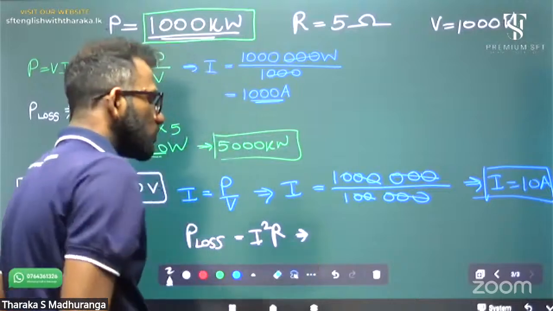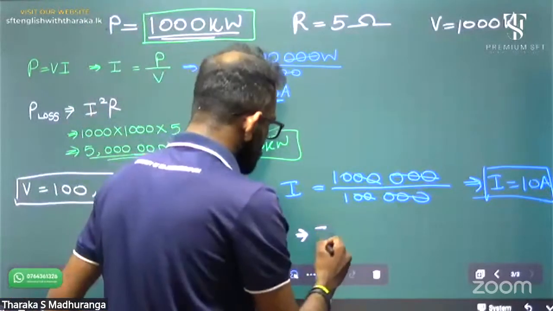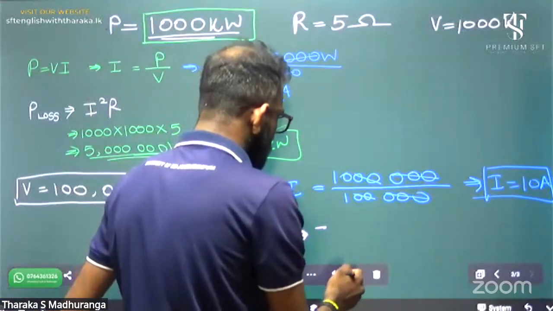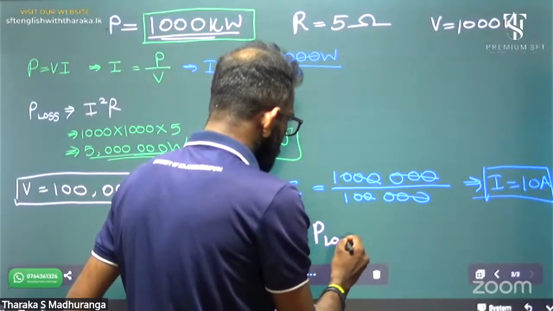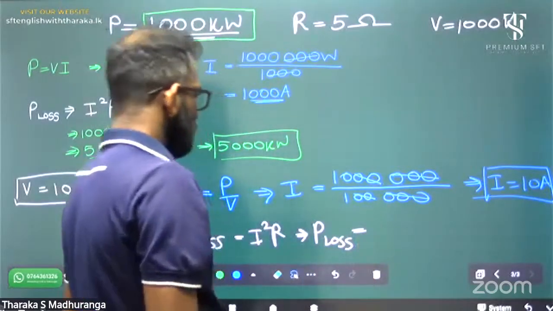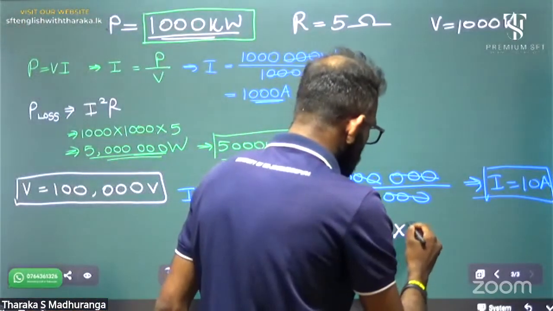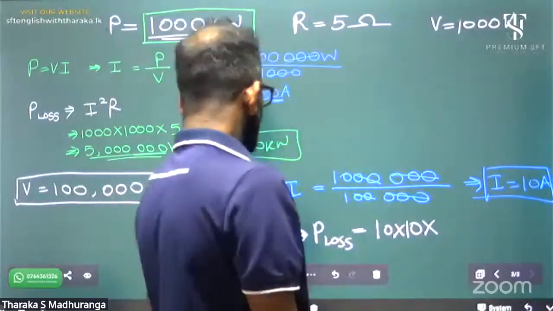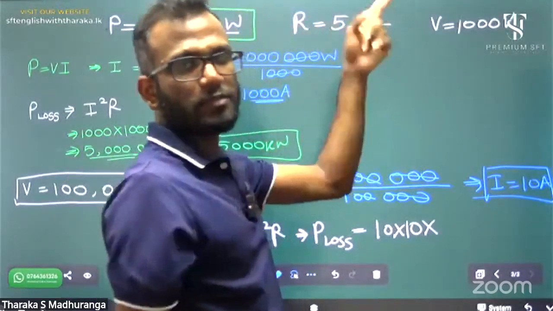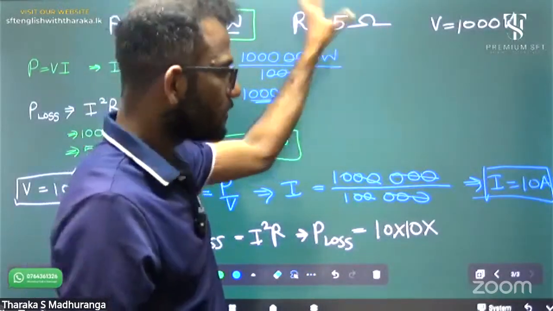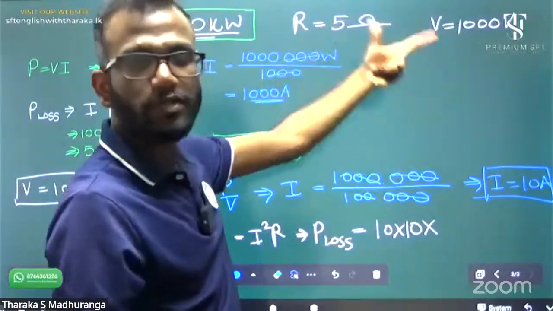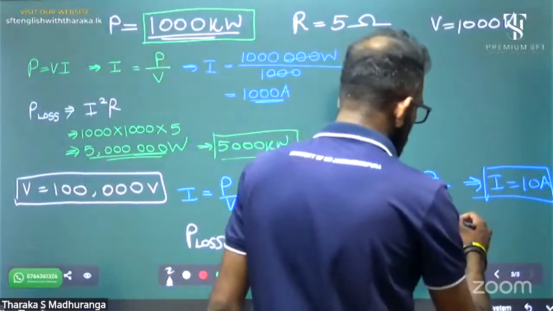Now what is the value? P loss equal I squared means 100, no? 10 into 10 into R. What is the resistance? The transmission resistance does not change in the same transmission system, 5.